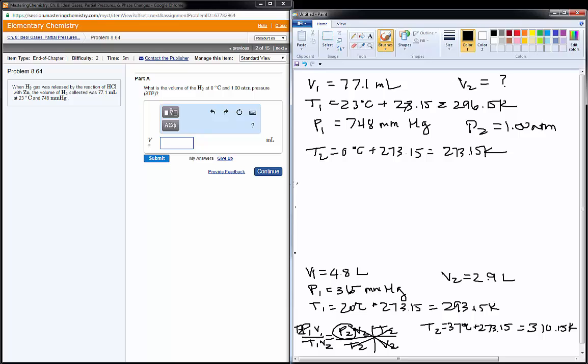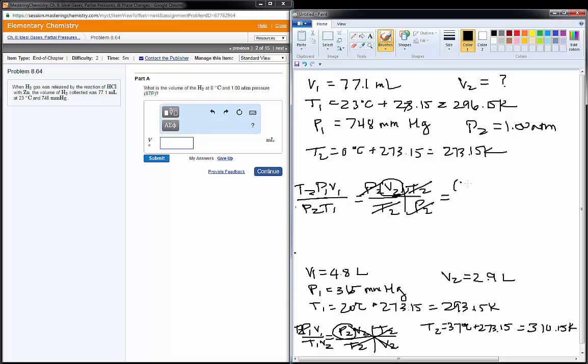All right, solving for V2, P1 V1 over T1 equals P2 V2 over T2. To solve for V2, I'm going to multiply both sides by T2, so those will cancel, and divide both sides by P2. So those will cancel, and now I'm solving for V2.